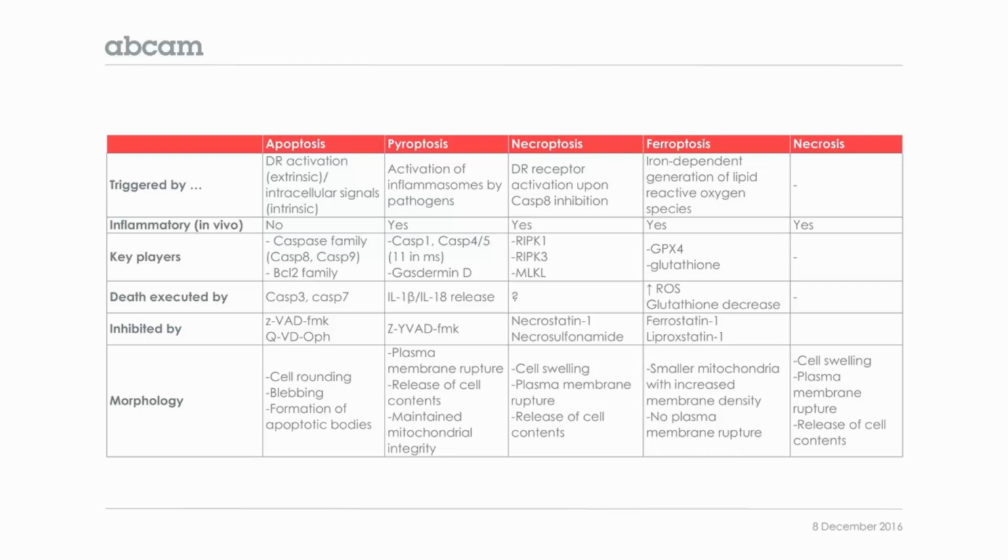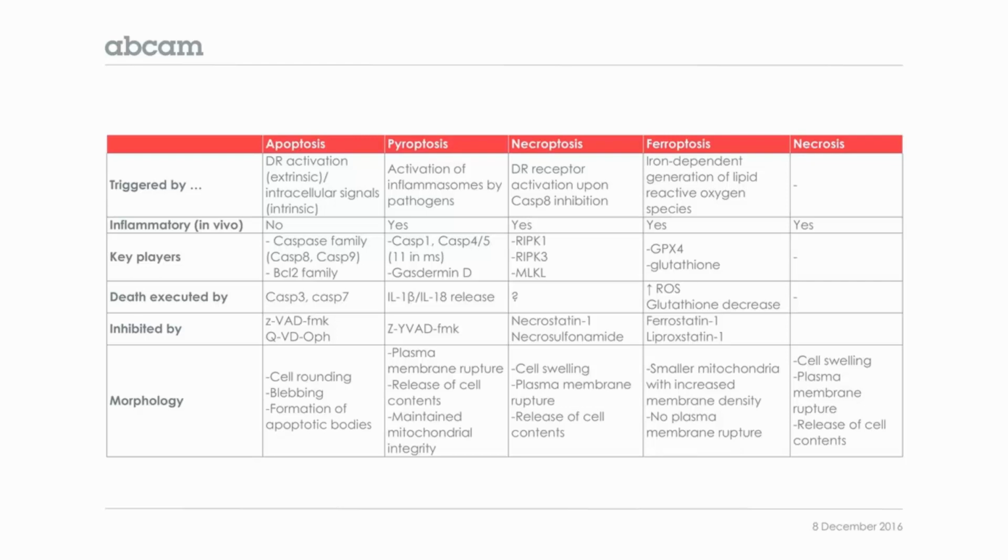Similar to the extrinsic apoptotic pathway, necroptosis can also be triggered by death receptor activation, but only when caspase-8 is inhibited. Ferroptosis is triggered by iron-dependent lipid peroxides. Necrosis is a toxicity-induced cell death and does not require any specific triggering stimuli. All these types of cell death, except apoptosis, can generate an inflammatory response in vivo.